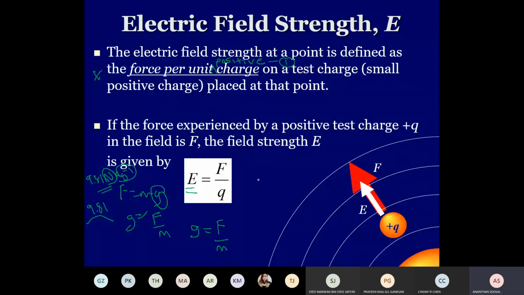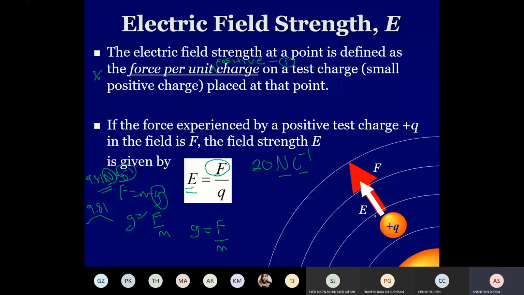Same thing goes for electric field. How strong is the electric field? The electric field strength is the amount of force experienced by the charged particle for every unit of charge it carries. If the electric field strength is 20 Newton per coulomb, that's the unit for electric field strength, it means every coulomb of charge experiences 20 Newton of force.